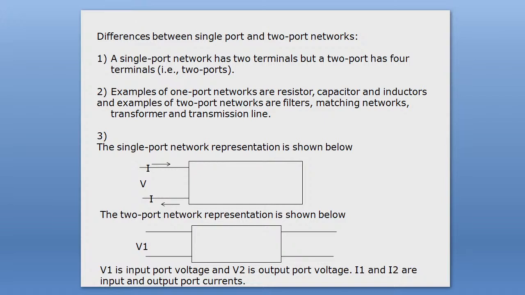Now I will tell you what a parameter is for a two-port network. I already told you that H parameter or hybrid parameter is used to draw an equivalent circuit of a transistor for AC analysis. So now let me tell you what the parameters of a two-port network are.